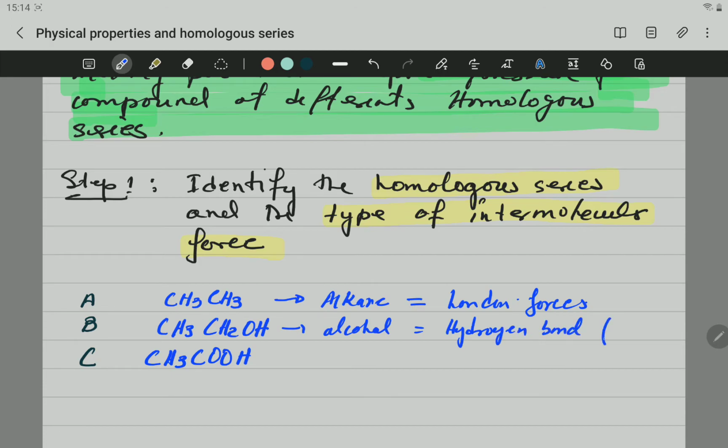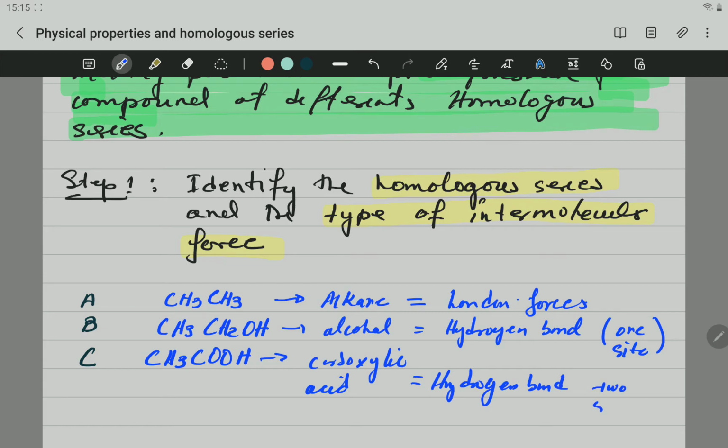How many sides? One side. And what is compound C? It's a carboxylic acid with hydrogen bond, but two sides. That is step one.